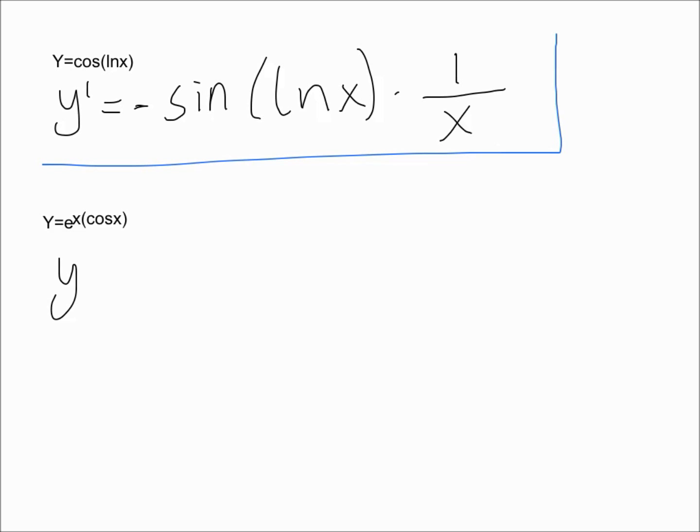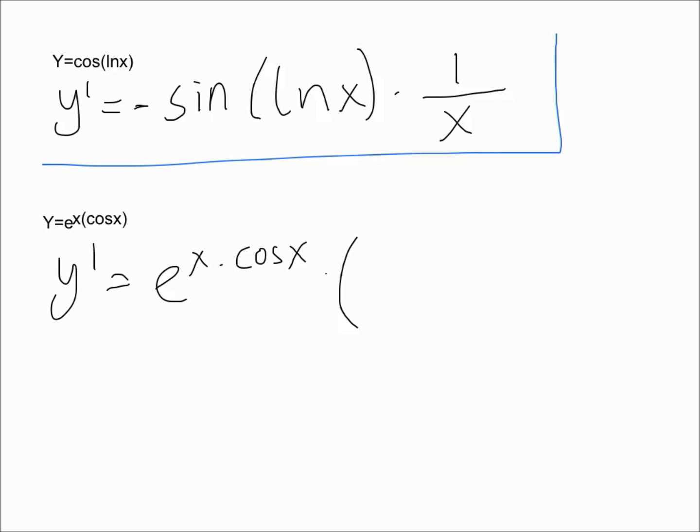Again, y prime will be e to the x times cosine x, because e to the u is just e to the u when you derive it, but the du/dx would be different, because we will have to use the product rule. So you write a parenthesis. This is not a superscript in this case.